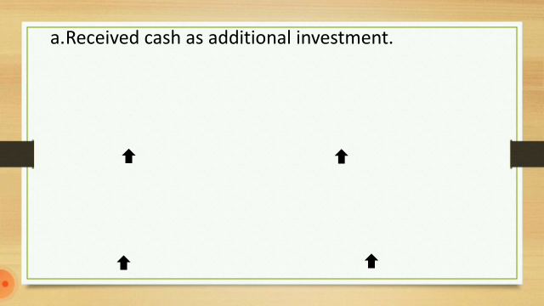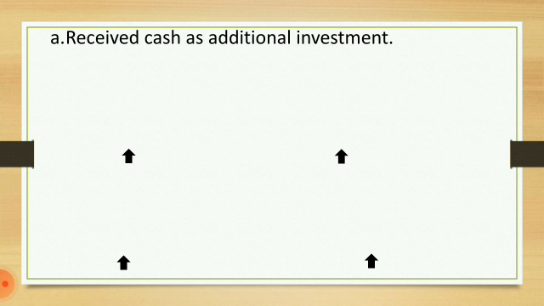So imagine when you received cash as an additional investment, what are the elements of major accounts that are affected? Or what accounts are affected?